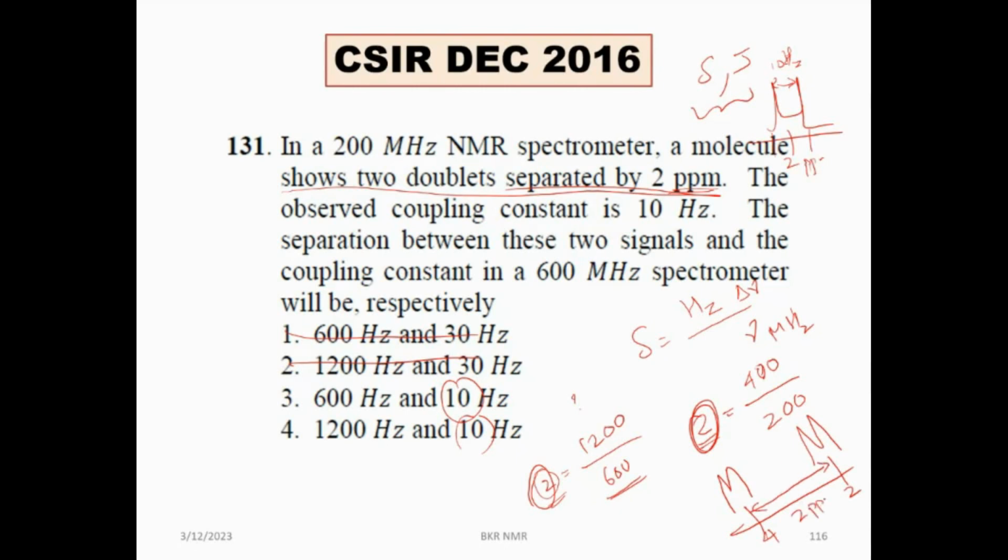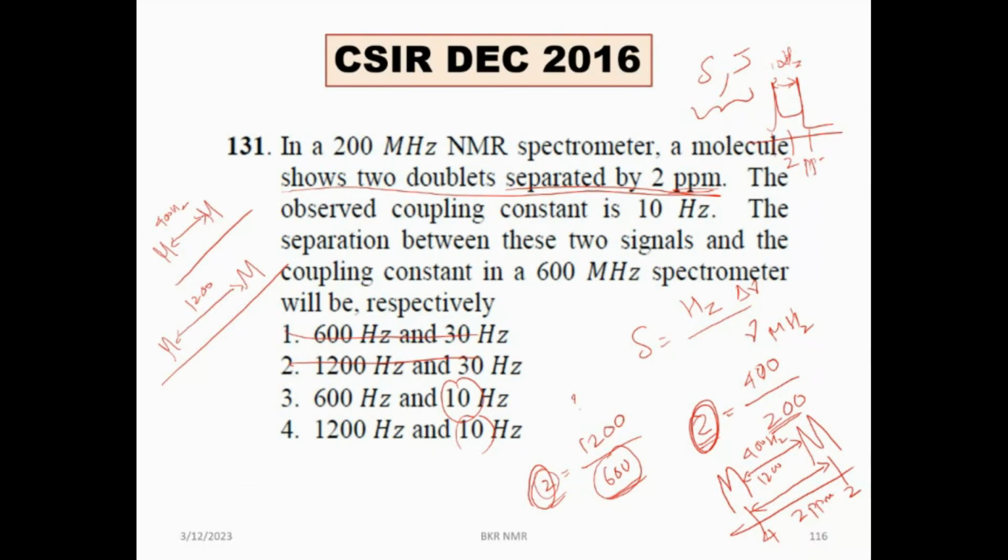What happens to this distance? Normally, when going to a higher instrument, the distance between multiplets increases. For example, in a 200 megahertz instrument they'll be separated by 400 hertz, whereas in a 600 megahertz instrument they'll be separated by 1200 hertz. That is the difference.